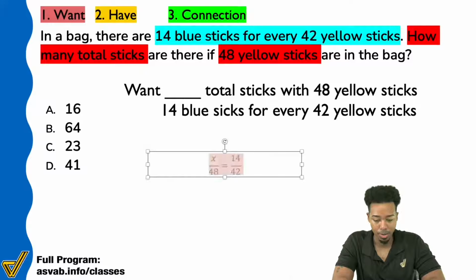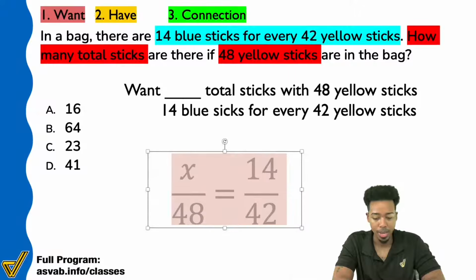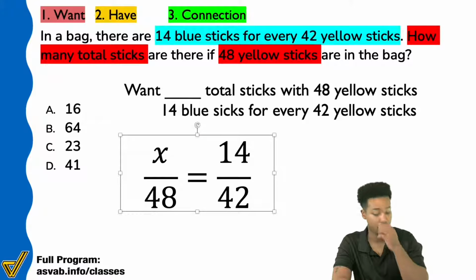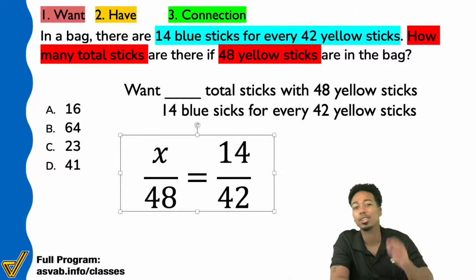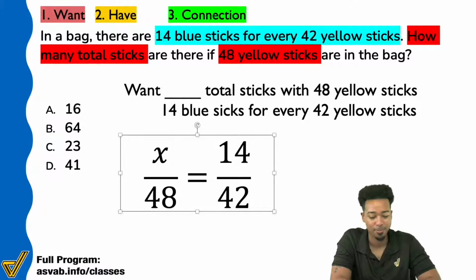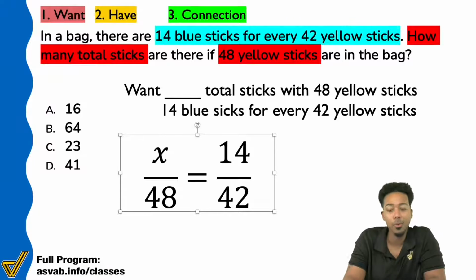So let me make that bigger, obviously, so that everybody can see. Everybody, was this your setup? Did your setup look something like that? X over 48 equals 14 over 42.